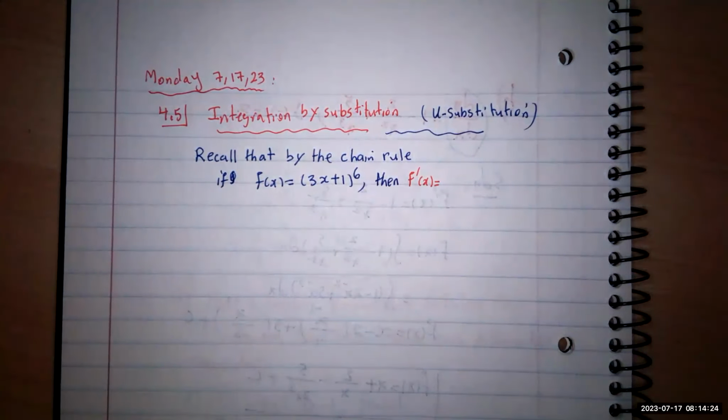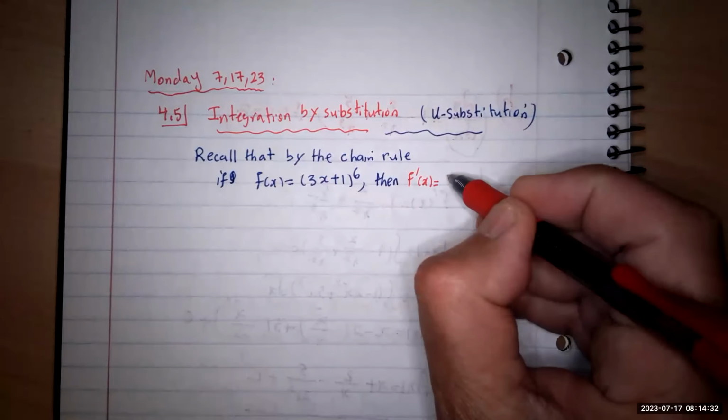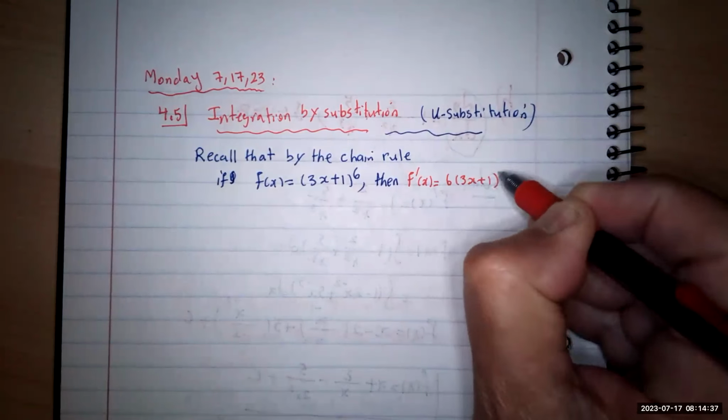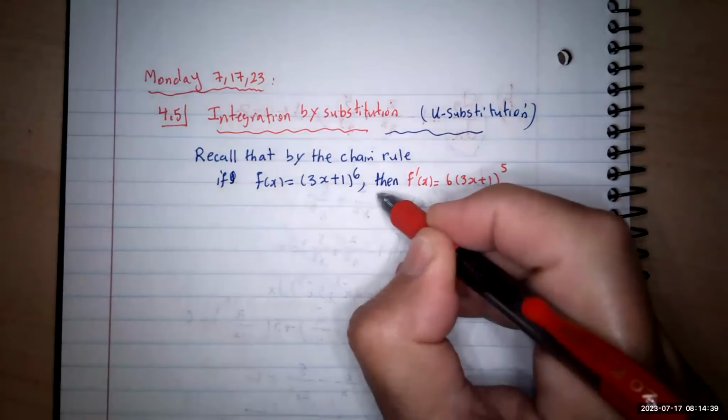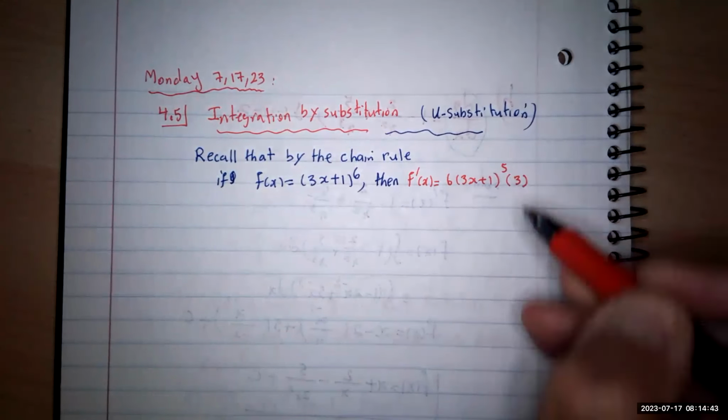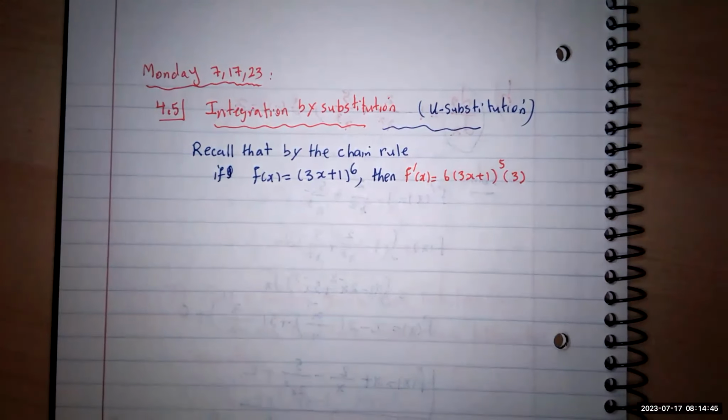So it was 6u to the n minus 1, which is 5, times u prime. So we bring the power down, it's going to be 6(3x plus 1) to the 5th times u prime. u prime was 3. Okay, that's the way we did the chain rule over here.